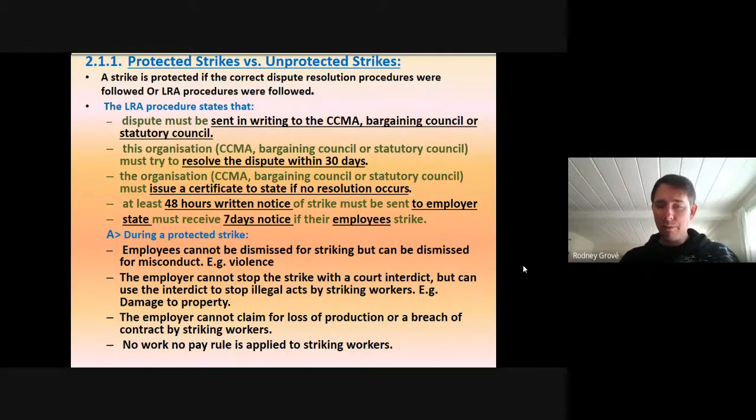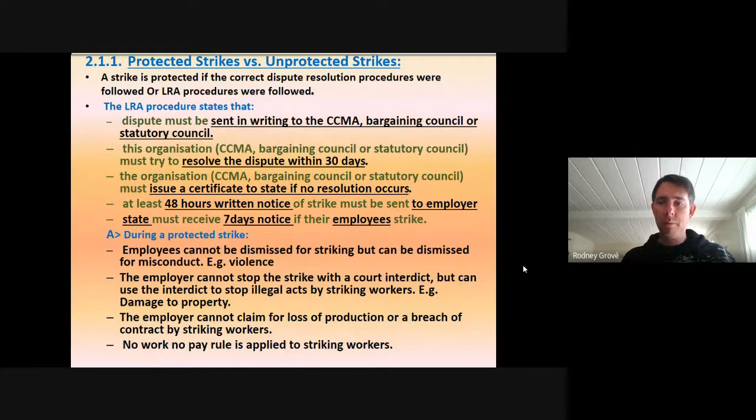But staff member F chooses not to go on strike because he can't afford to lose his income. Staff members A through D are not receiving income because they're going on strike because they want a better pay increase. But staff member F doesn't go on strike, keeps going to work.